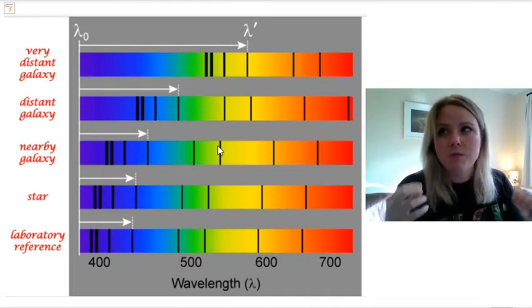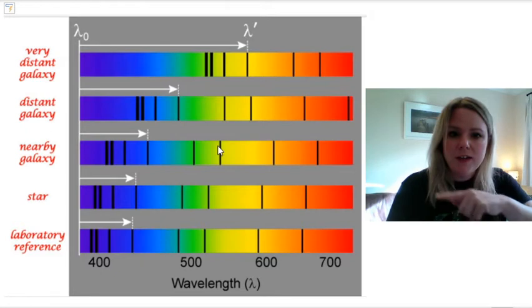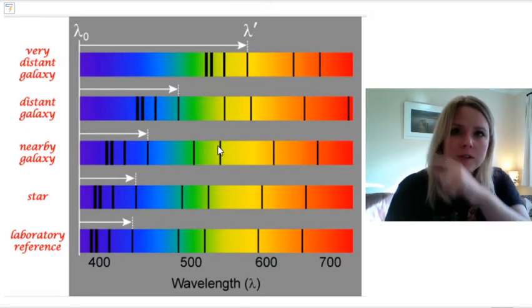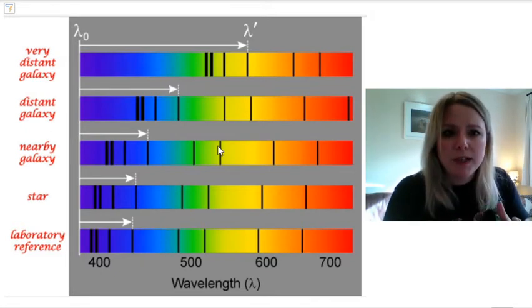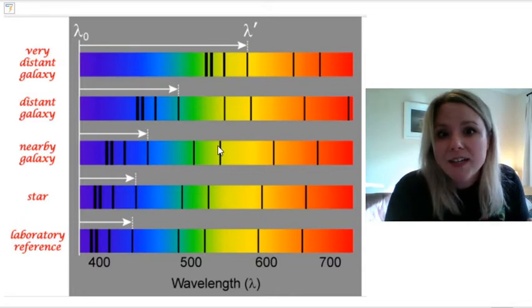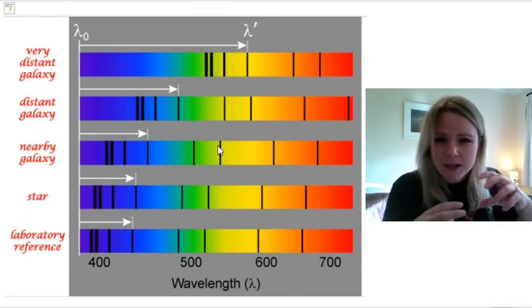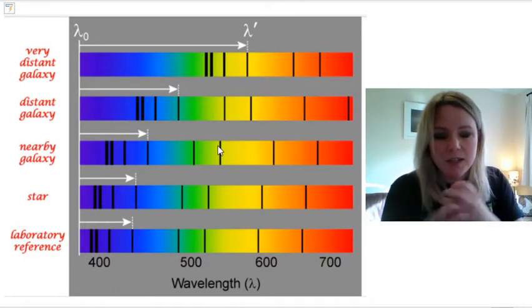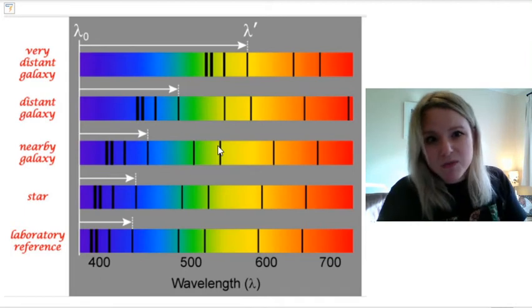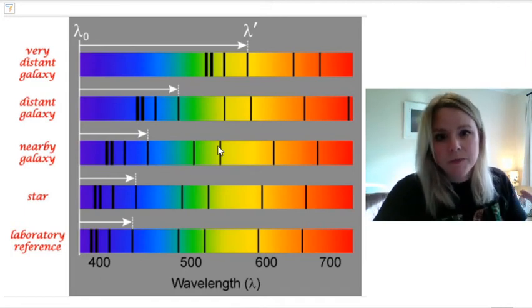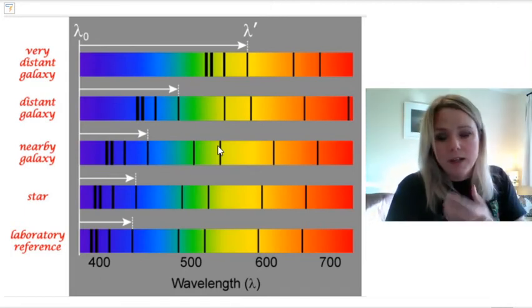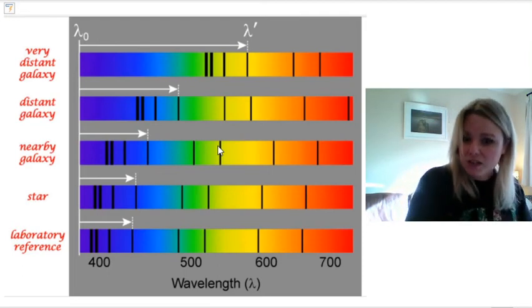And the fact that these further away ones are more red shifted means they're moving away faster. Because if you think back to that Doppler effect diagram with the lines getting squashed up or spread out, if it's moving faster, they're going to get more spread out, and that relates to being more red shifted.